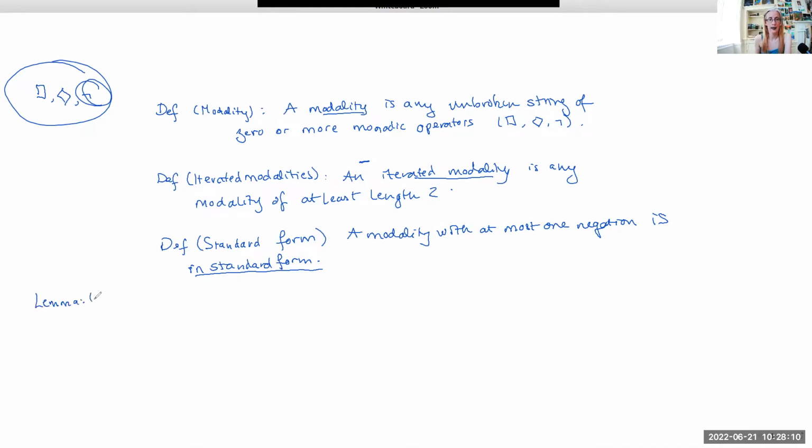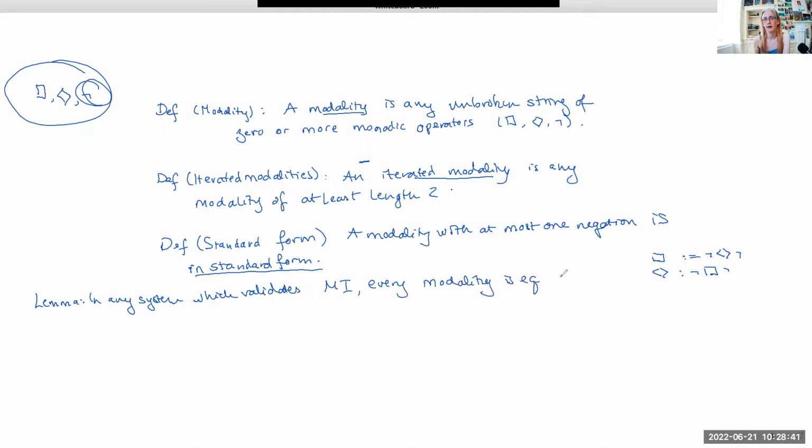This says that in any system which validates modal interchange, so the swapping of box with not, possibly not, and diamond with not, box not, along with double negation, every modality is equivalent to a modality in standard form.